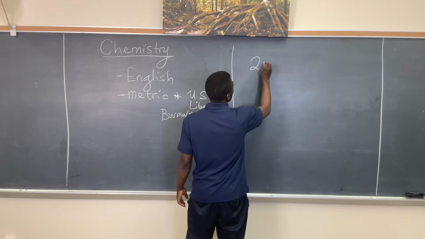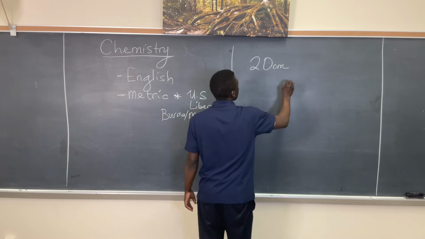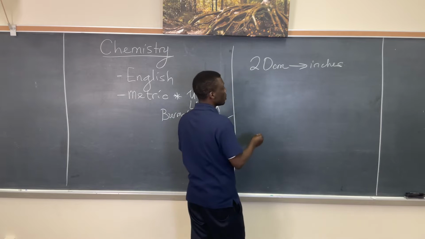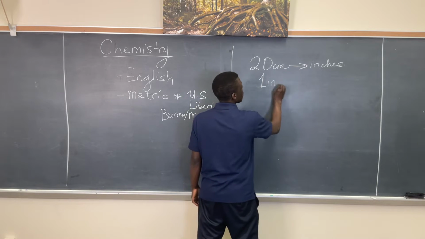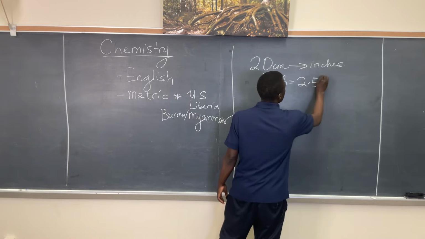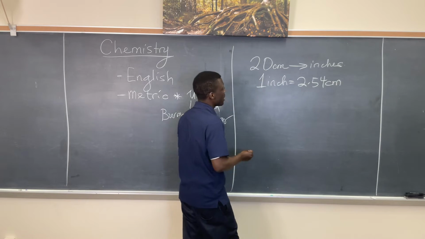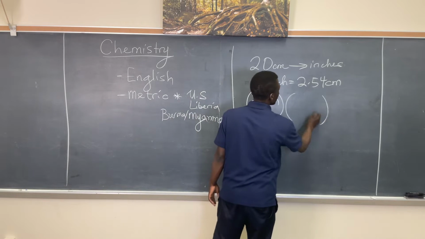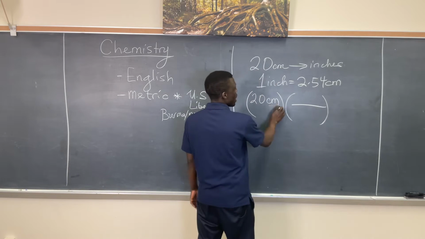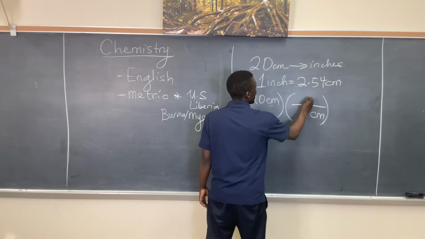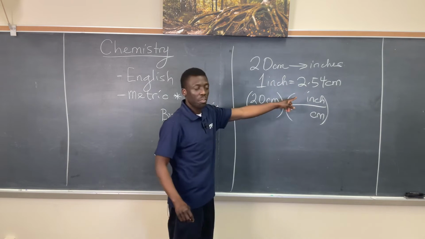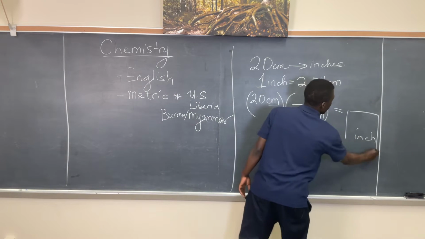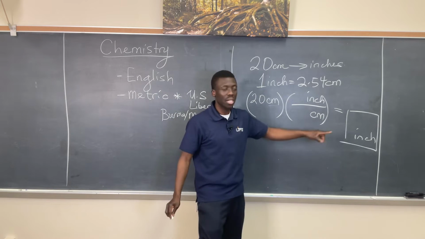If someone says convert 20 centimeters to inches, then you need a relationship between the two things that are being converted, and then you write down the value you were given, 20 centimeters, and here you write down wherever the centimeters are, and in the numerator you write down the inch above there because that's what your answer is going to be at the end of the day. When we're done with this problem, we should have inch at the end there.